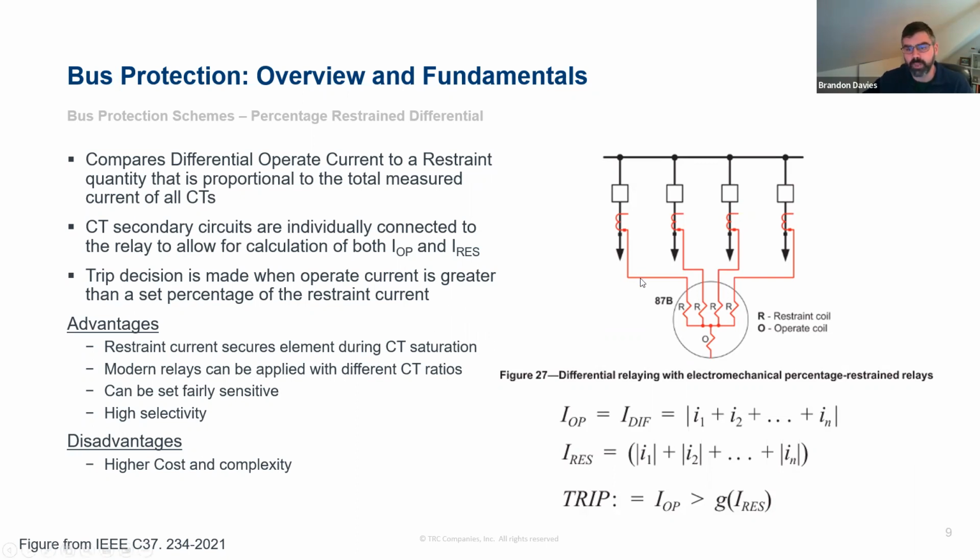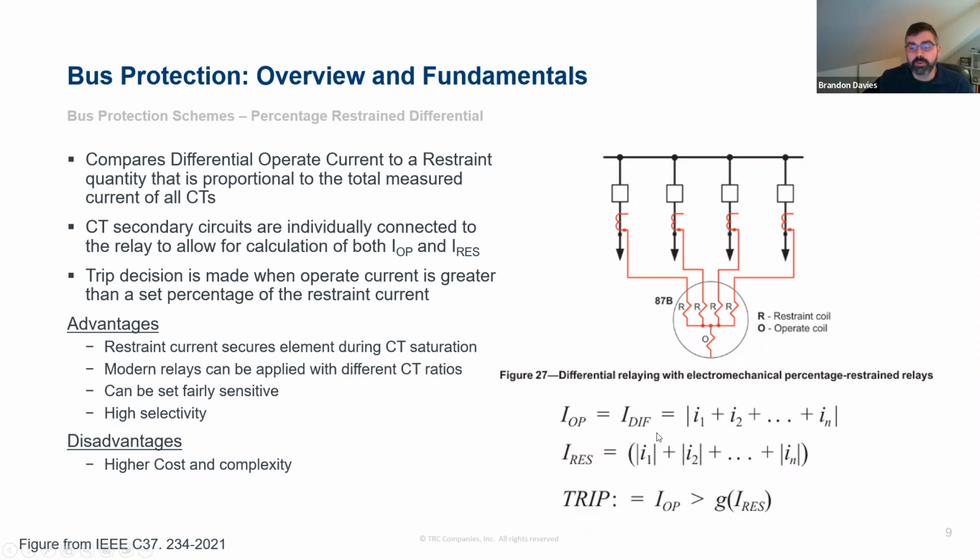So that was accomplished by adding a restraint element that monitors the total fault current through the bus, and then that restraint current is compared to your operate current to make a trip decision. So if you have a case where you've got very high fault currents, you're going to need more operate current to trip. And if you have very low amounts of current, which could be a load condition or a more distant fault that had a lower overall fault current going through the bus.